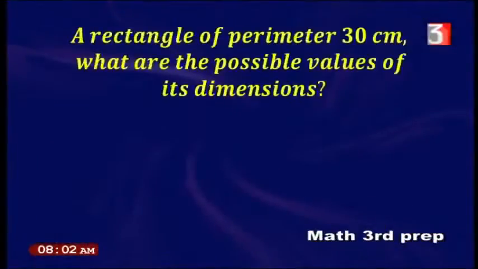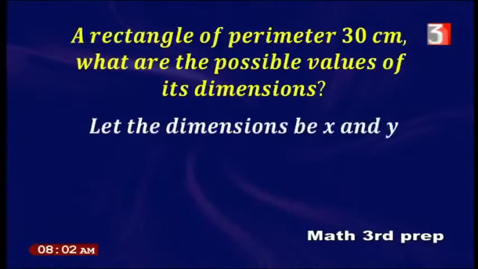First of all, if you have a rectangle of perimeter 30 centimeters, what are the possible values of its dimensions? All of you know that the perimeter of a rectangle is length plus width times 2.